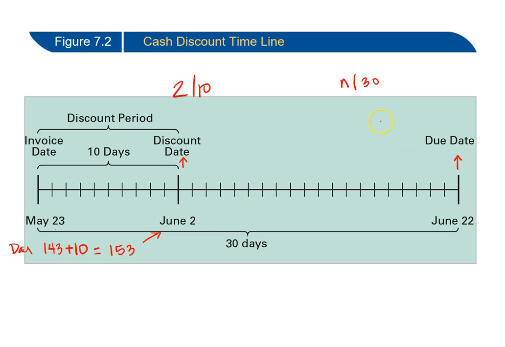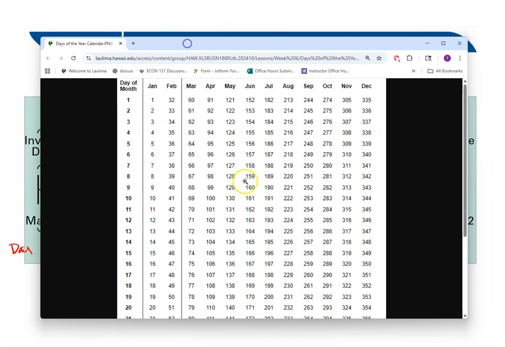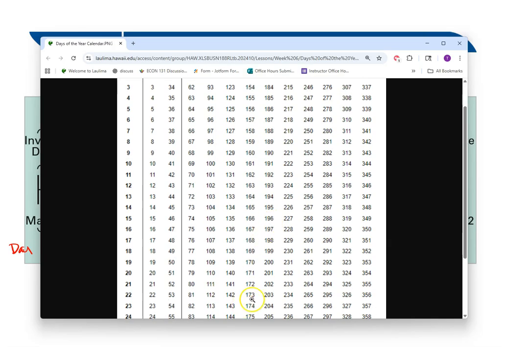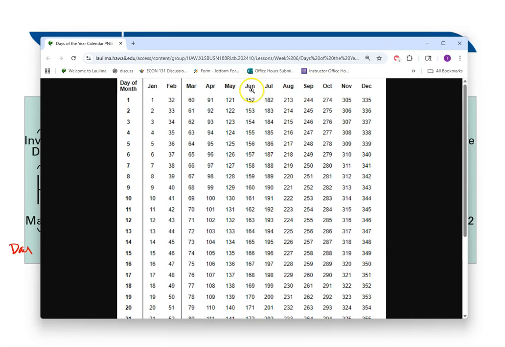Okay, as for the due date, remember that is 30 days in this example from the invoice date. So if I take the invoice date of 143 plus 30 days, this gives me 173. So I'm going to look for day 173 on my calendar, and so that is in this column.